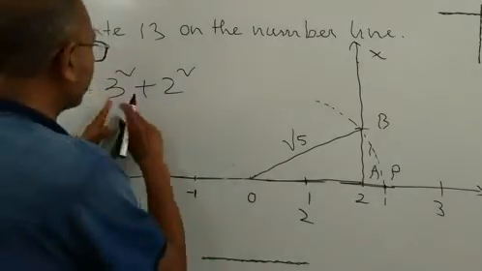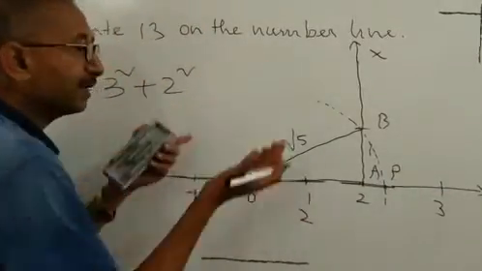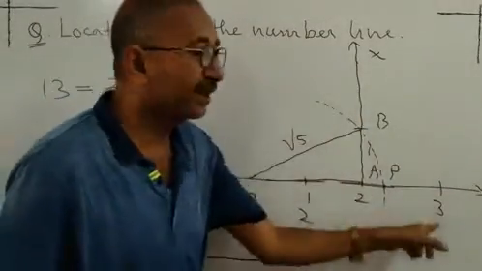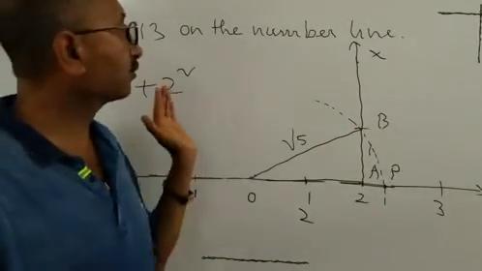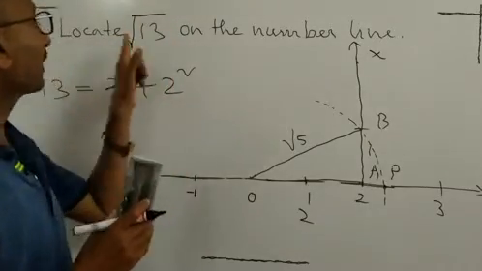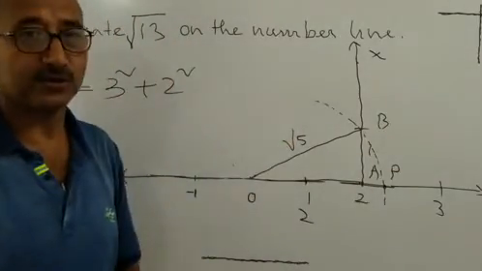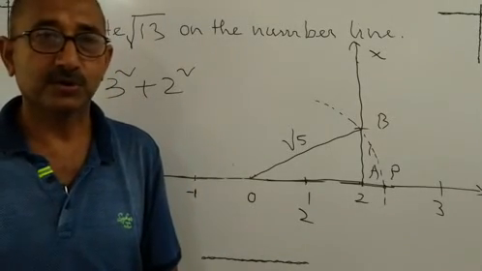In that case, we will take the base to be 3 units and the perpendicular to be 2 units, and draw in that way. You can find out what is root over 13. You can locate root over 13 on the number line also. So hopefully you have understood, and you will try to draw it on your own also. Okay. Thank you.